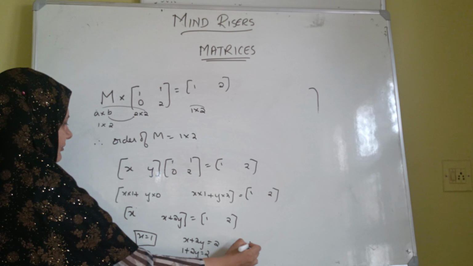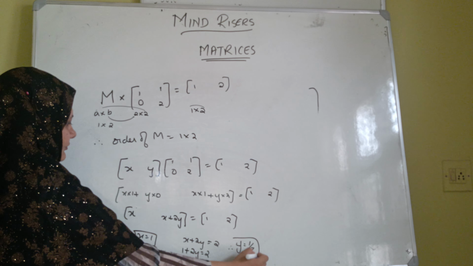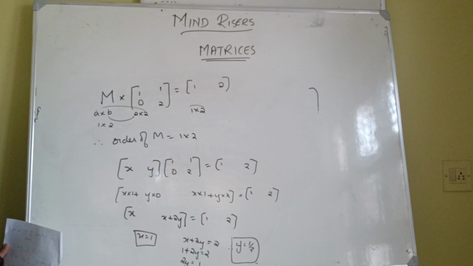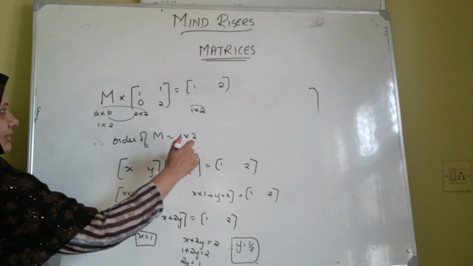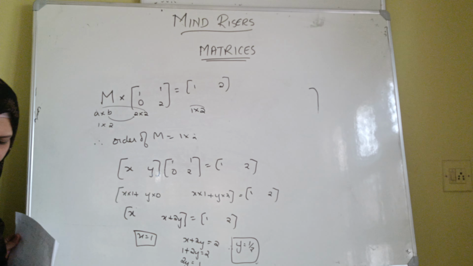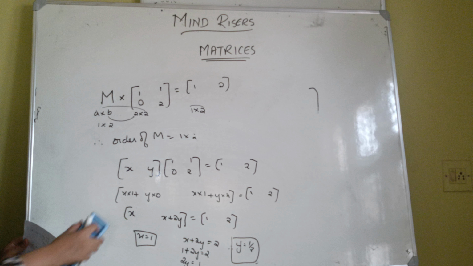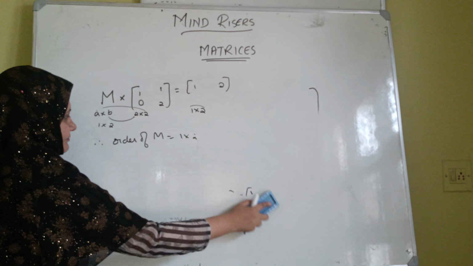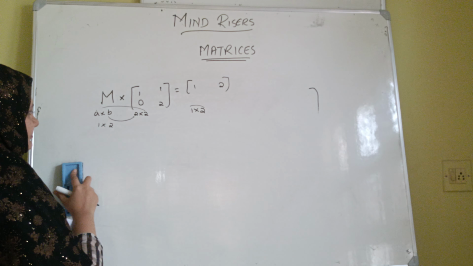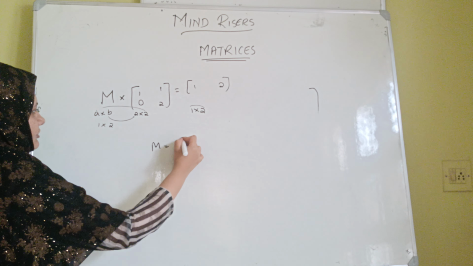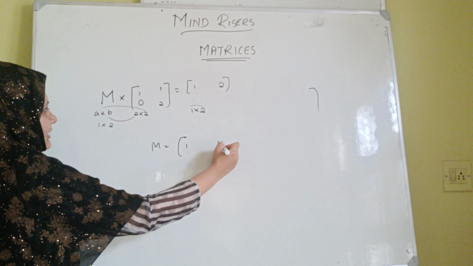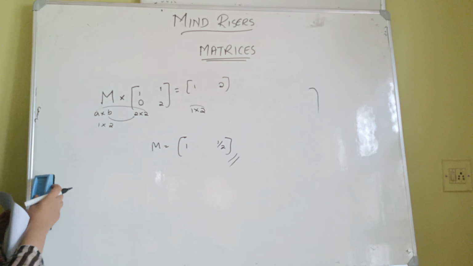Therefore y would be 1 by 2. Once you get the value of y, again write it down as the final answer. So x was 1, y was 1 by 2. That's your answer.